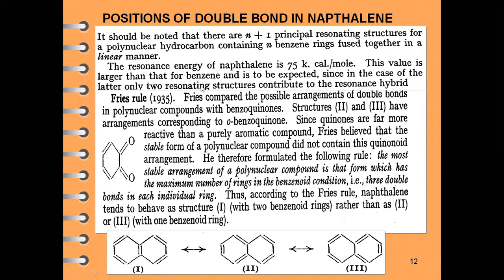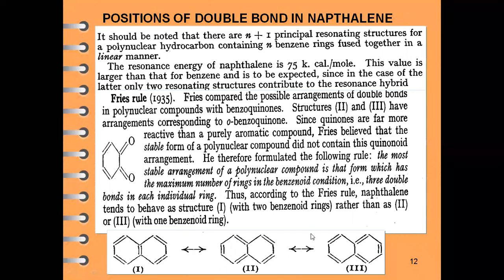Based on what? Depending upon this rule or this formula, that is n plus 1, where n is equal to the number of benzene rings in the given structure. In the given structure, there are 2 benzene rings. That's why the contributing resonating structures for naphthalene are 3.